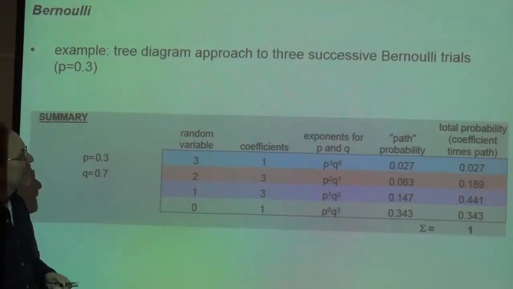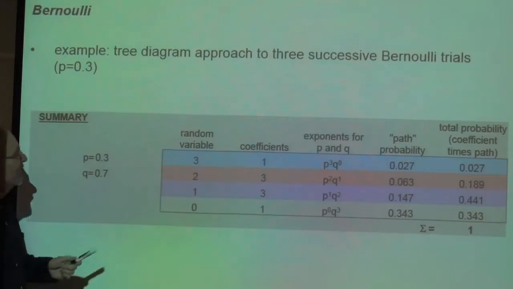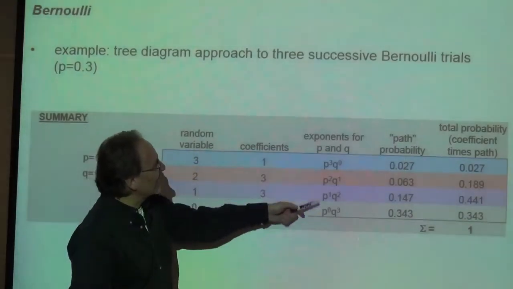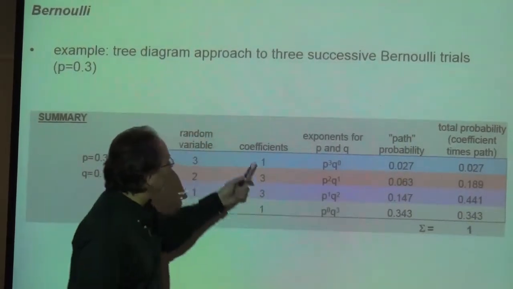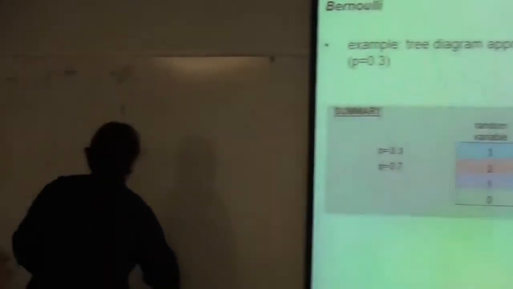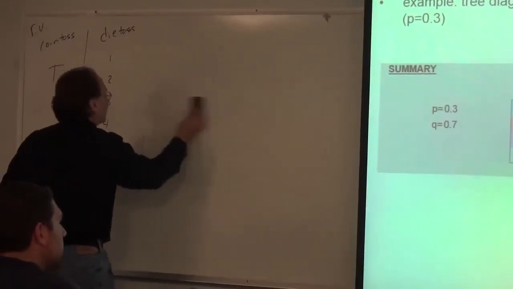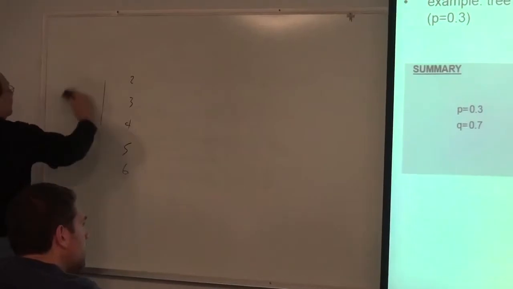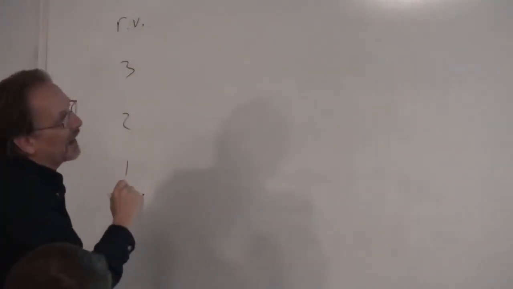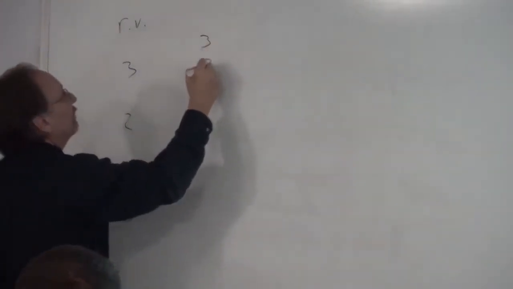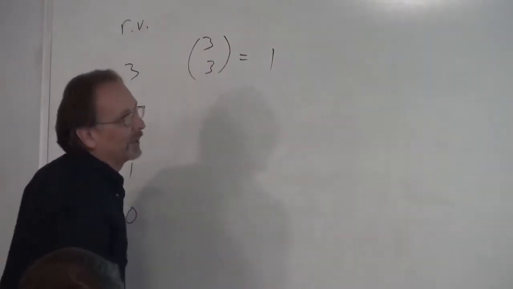Another way we can do that is by combinatorics. I'll come back to that in a minute. And these are my exponents, which I just took from the previous slide, and the path probabilities. Now these coefficients, for the random variable of 3, this is 3 objects taken 3 at a time, which equals 1.